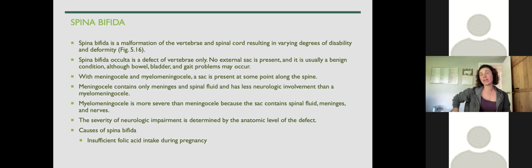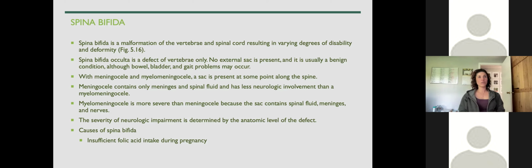Typically tend to be in that lower back area. A myelomeningocele has those meninges, the spinal fluid, and the nerves from the spinal cord all inside those sacs.